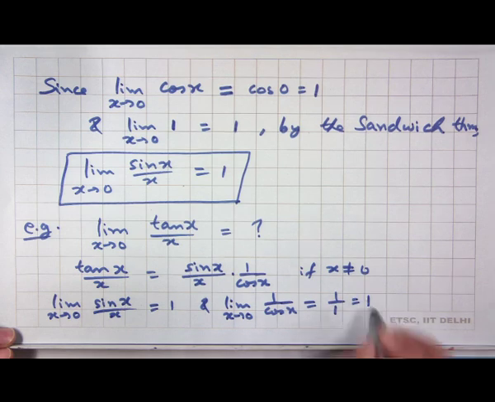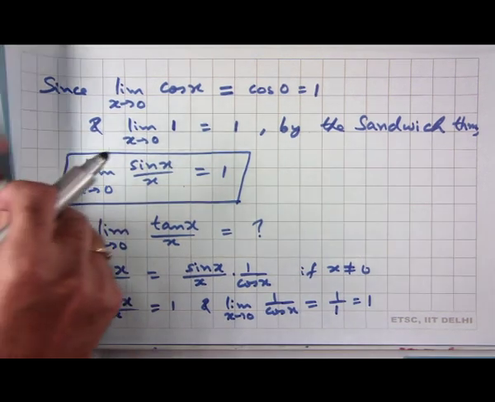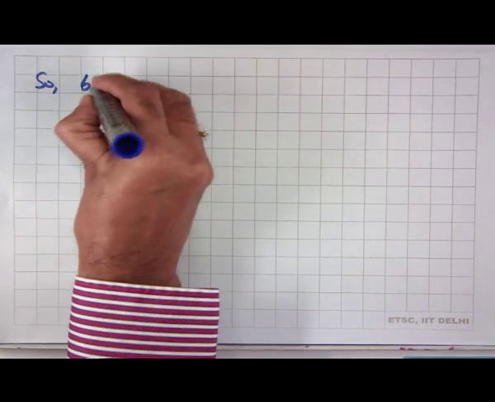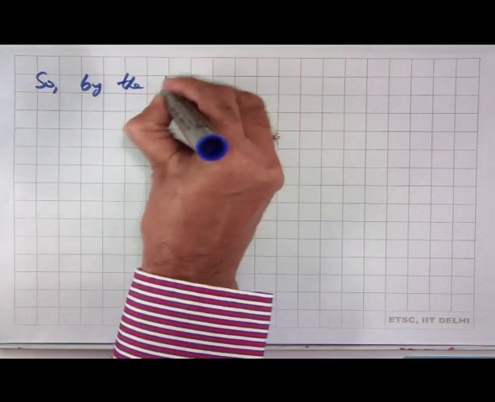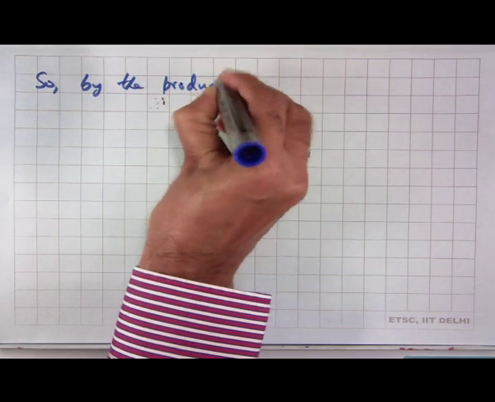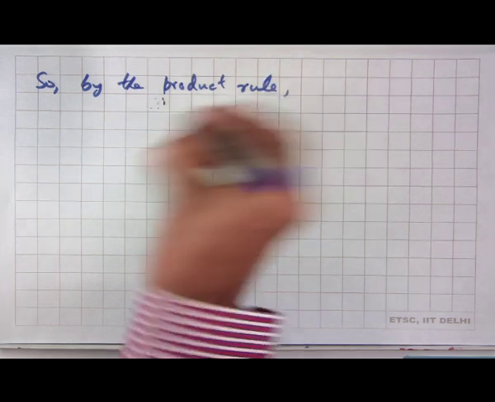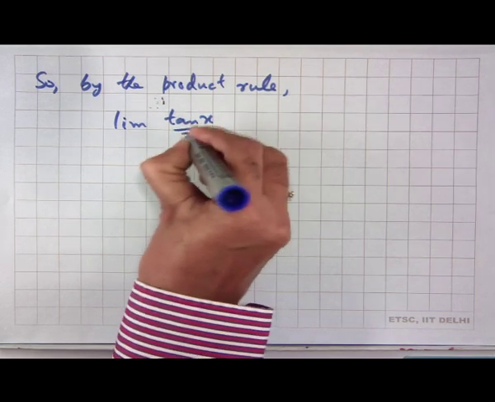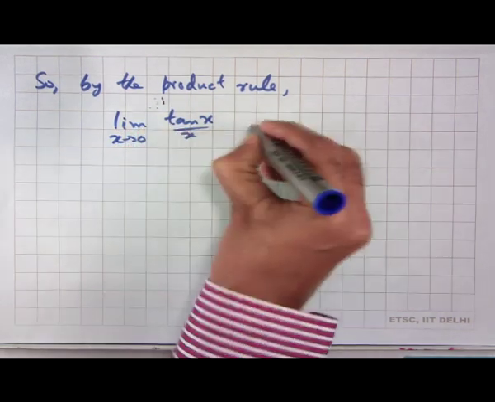So, this is also 1. So, by the product rule, the limit of tan x by x is also equal to 1.